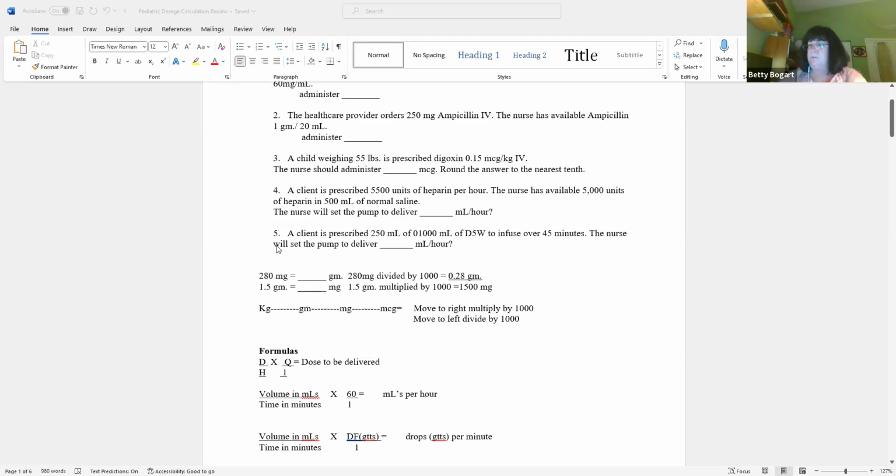So the dose is what? 5,500 units. Absolutely. And then the bag has how many units in it? 5,000. And the quantity is? 500 mL.